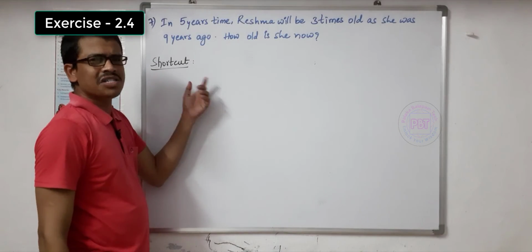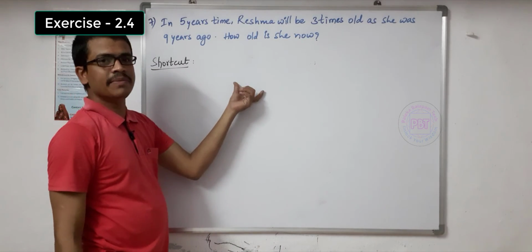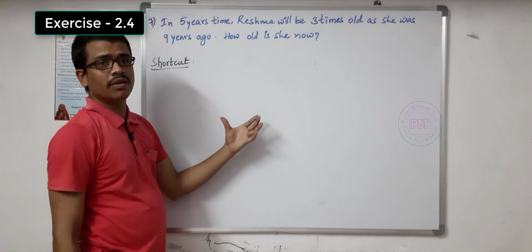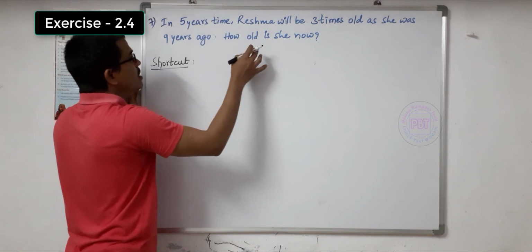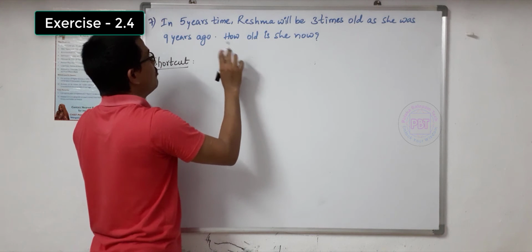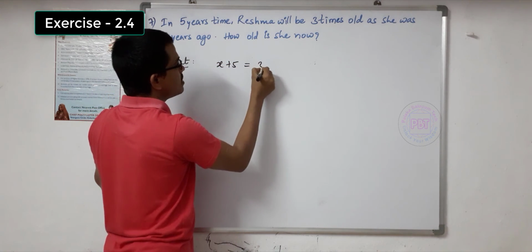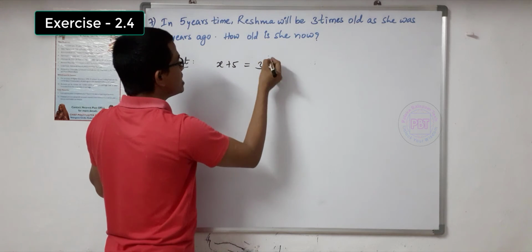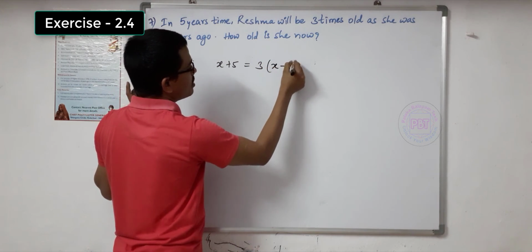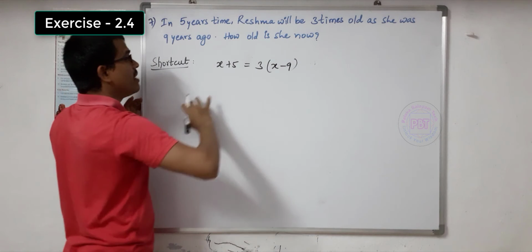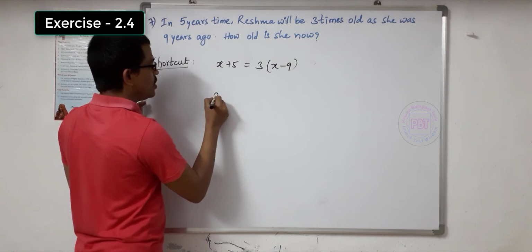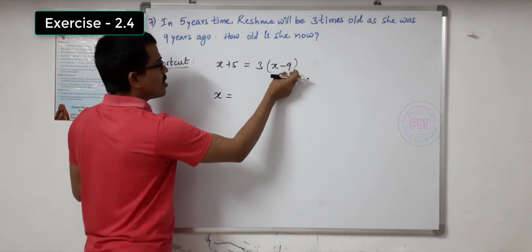Now let us see the shortcut. Shortcut is nothing but directly I am going to write the simple equation and solve directly. Present age I am taking as x. In 5 years time the age becomes x plus 5. That is 3 times what she was 9 years ago. 9 years ago Reshma's age is x minus 9, for this 3 times. Now I am going to solve this. x equal to, here what is the constant?